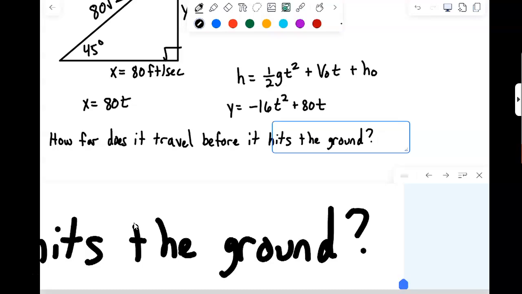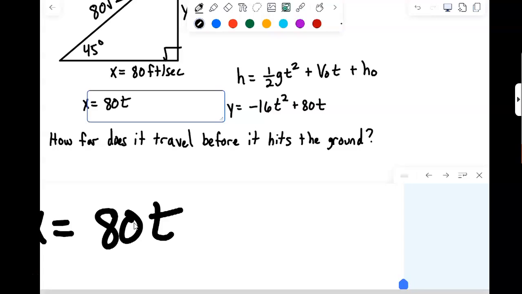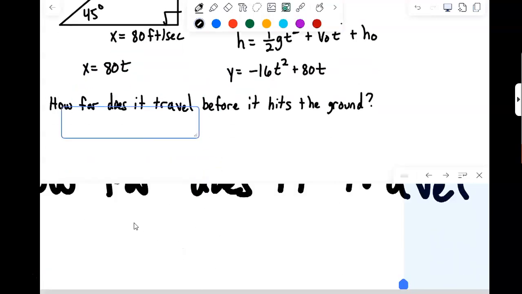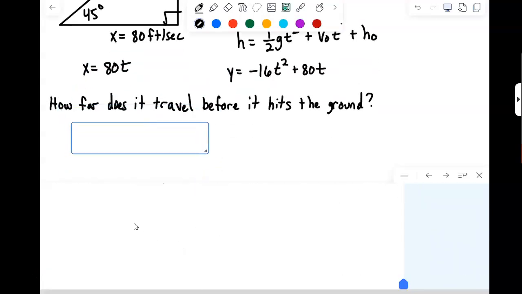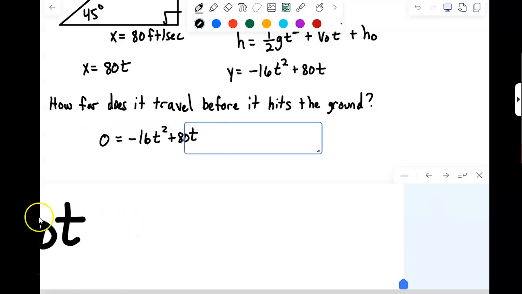That will be the limit of our t parameter. Once it hits the ground, this motion that we've described has to stop. It's no longer going to obey these rules. Well, it'll hit the ground when y is 0. So we plug in 0, and let's set about solving that equation.